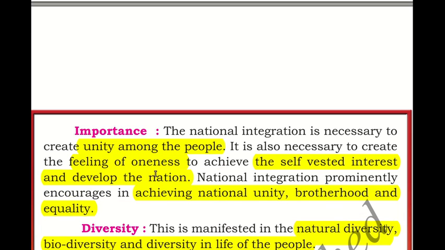Here we have the importance of the national symbols, and here we have the point that says national integration. It prominently encourages unity and brotherhood and equality. So you need to add this point.